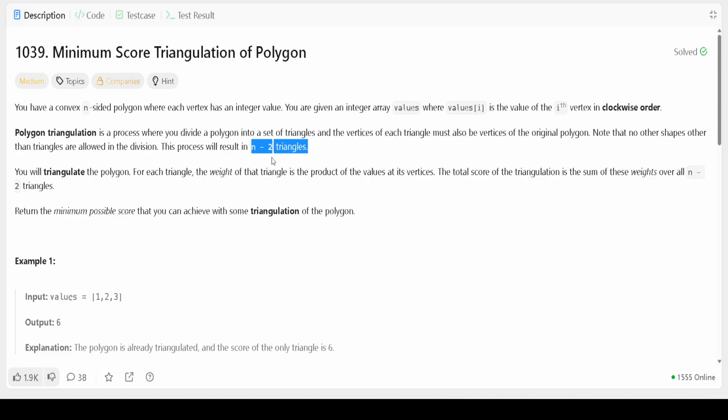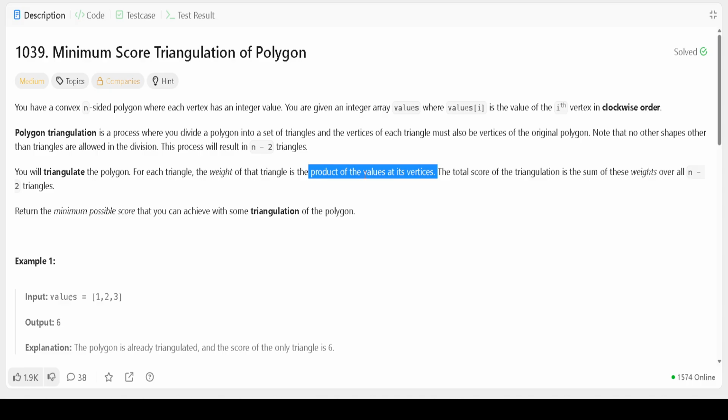Each triangle has a score, which is equal to the product of the values of its three corners, meaning its vertices.